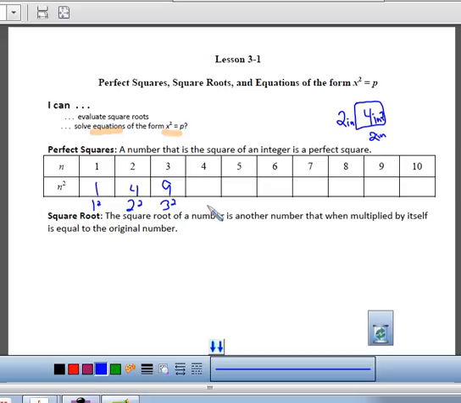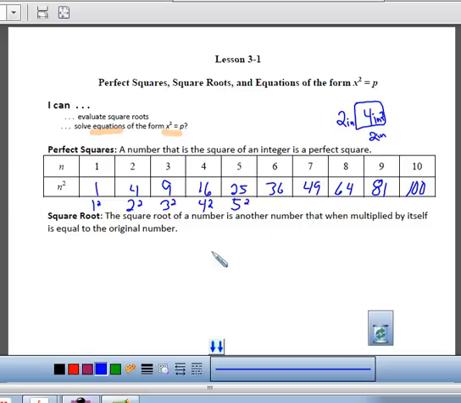And yes, you need to copy all this down, and hopefully you are listening like you're supposed to be. 4 to the second power, which is 16. 5 to the second power, which is 25. 36. 49. 64. 81. And then 100. It was starting to get to be the same thing over and over again, so I didn't want to keep writing the number squared underneath. But you get the idea.